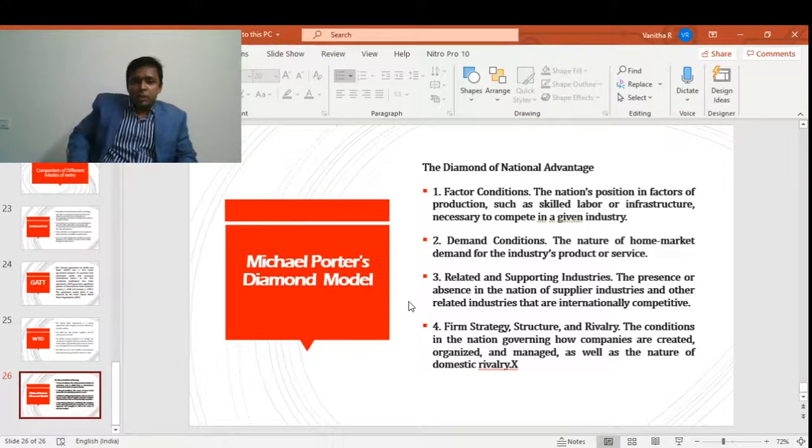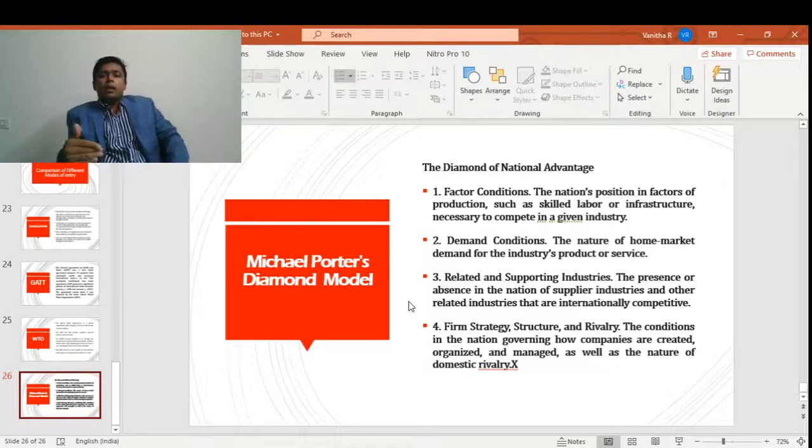This literally means if you happen to be a Chinese company or a German company, a Greek or Italian company, one thing you should have is the vigorous demand, the vigorous competition in your own country, in your own geographical space.